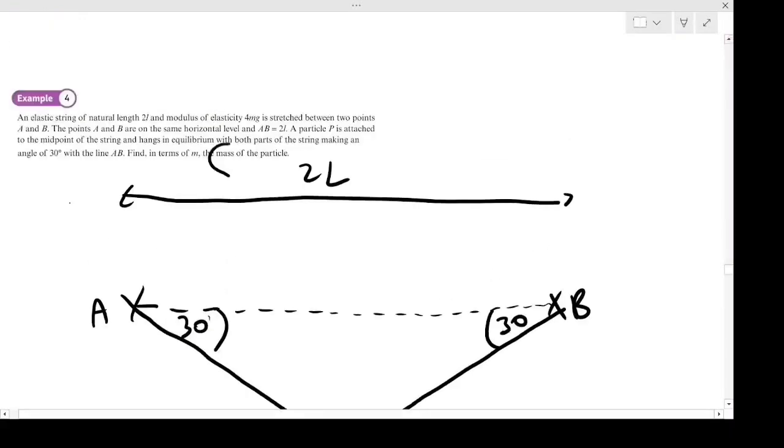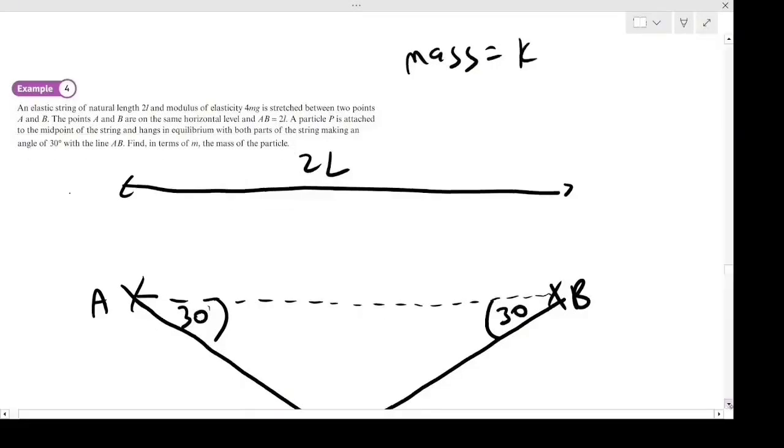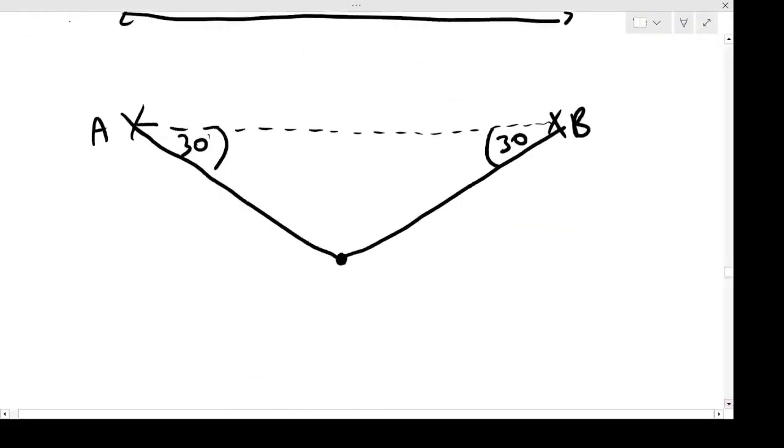But they told me to find the mass of the particle. I can't say m, they've already used m. That's annoying. I'm going to call the mass k, which means the weight of the particle is going to be down here, kg.